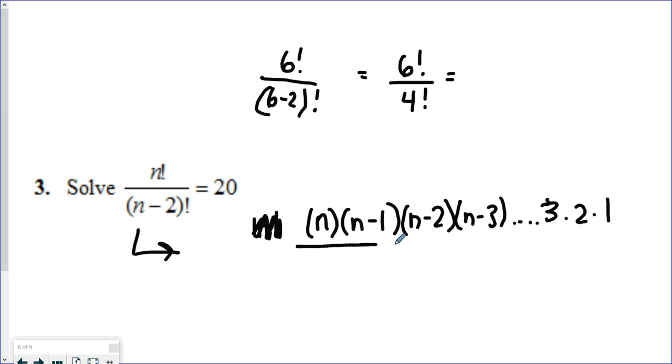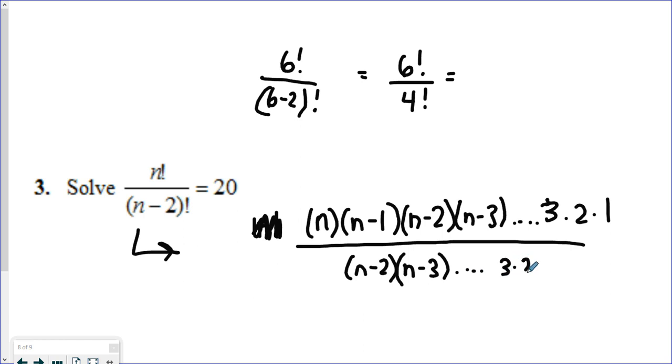We can write n minus 2 factorial as n minus 2 multiplied by 1 less than that, n minus 3, and that would go all the way down to 3 times 2 times 1.